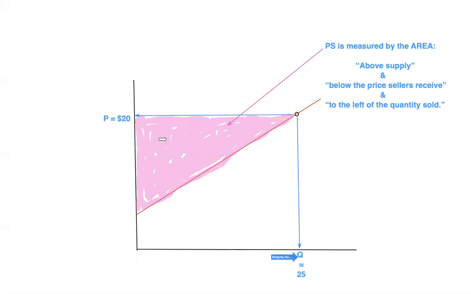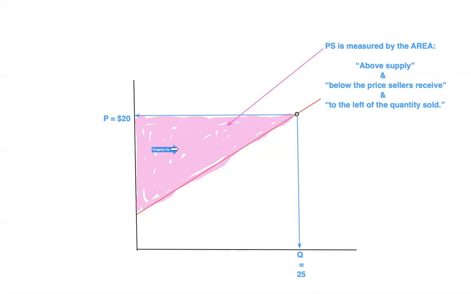So again, I can measure the producer surplus associated with any price by just looking at that price, looking at the quantity supplied at that price, and then looking at the area above the supply curve and below the price and to the left of that quantity. And again, here it ends up being the shape of a triangle too.